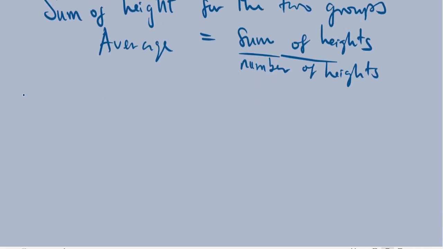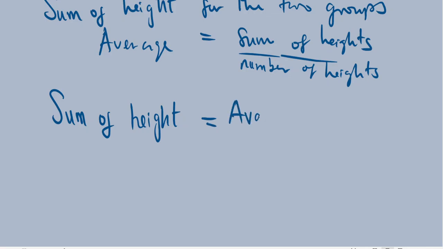So sum of height will be equal to average multiplied by number of heights.